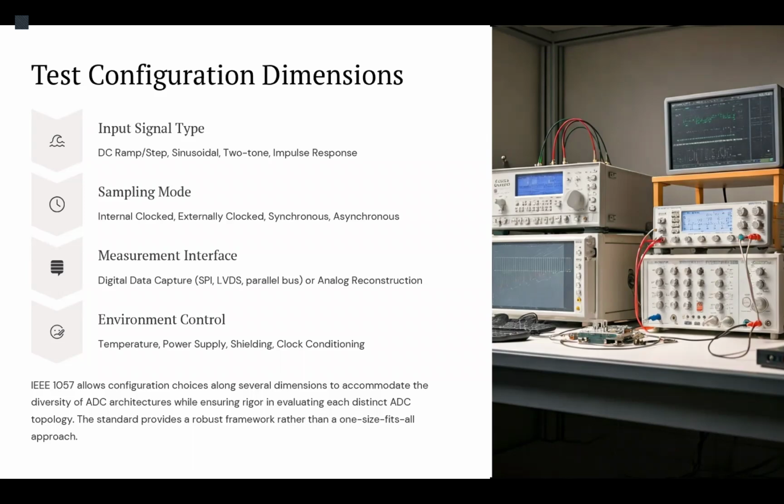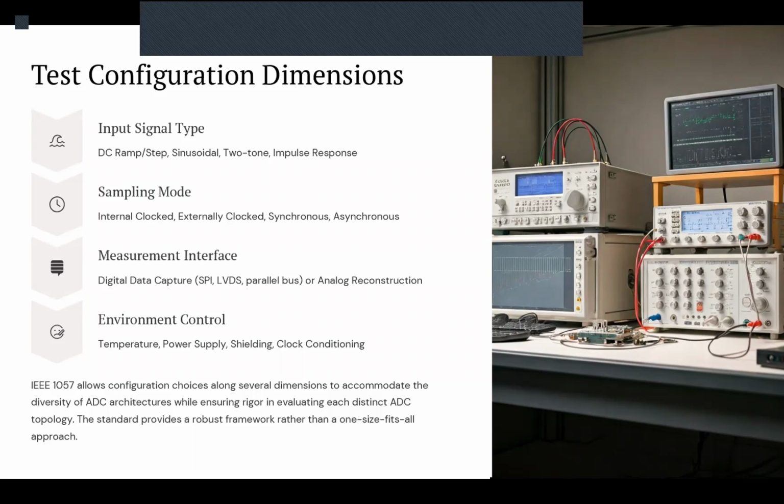This standard defines several configuration dimensions, a structure that defines how an ADC is tested and under what diverse conditions the test is conducted. Each dimension impacts measurement accuracy, repeatability, and relevance, especially when comparing different ADC architectures.